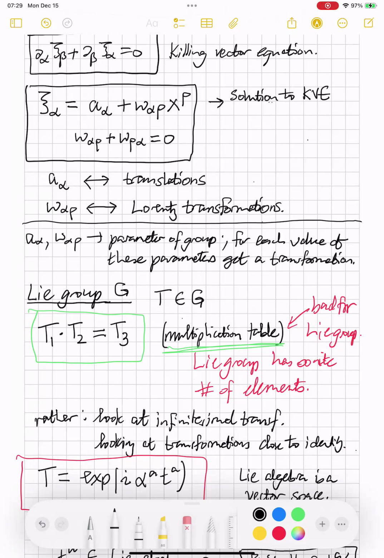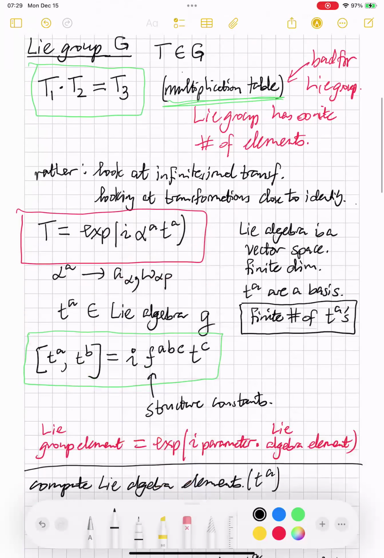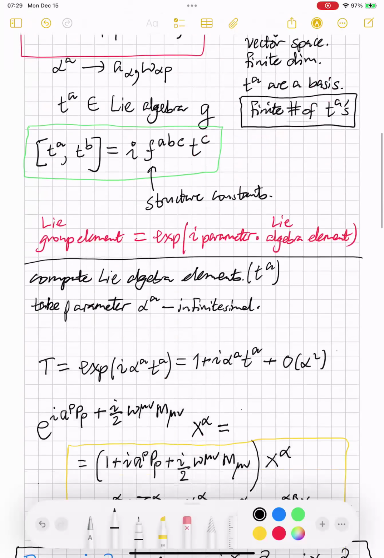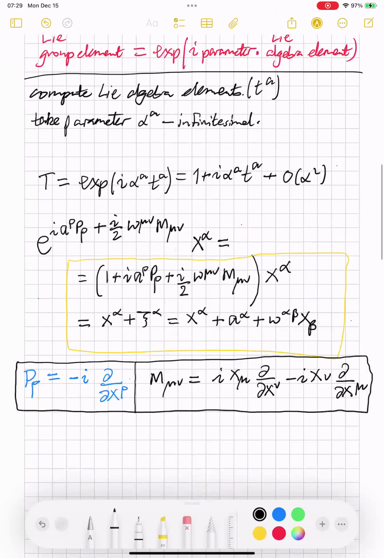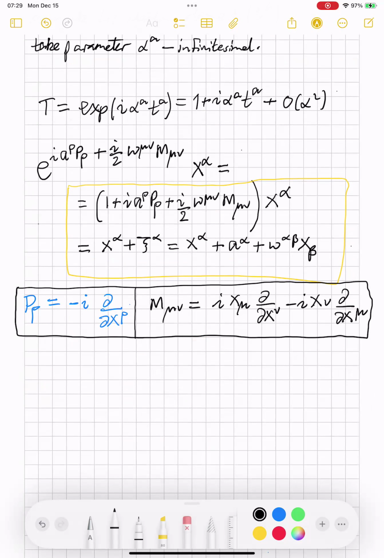Once we had those transformations, we said, well, we know that any element of a Lie group will be written as the exponential of i times a parameter times a Lie algebra element. And if we consider an infinitesimal transformation, the element of the group becomes 1 plus a term proportional to the Lie algebra element. And writing this down explicitly, we gave the Lie algebra elements the names P rho and M mu nu, and we got the equation in the yellow box.